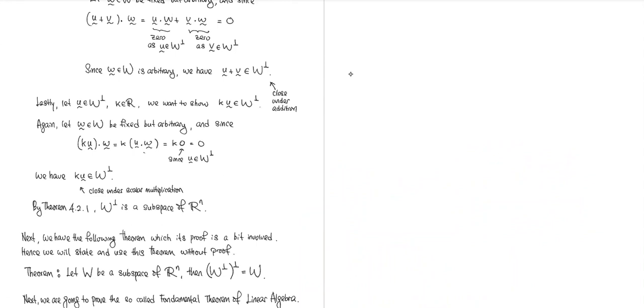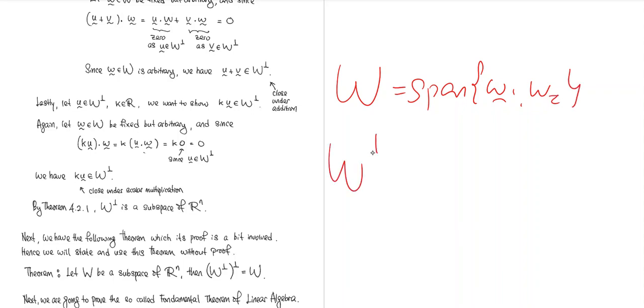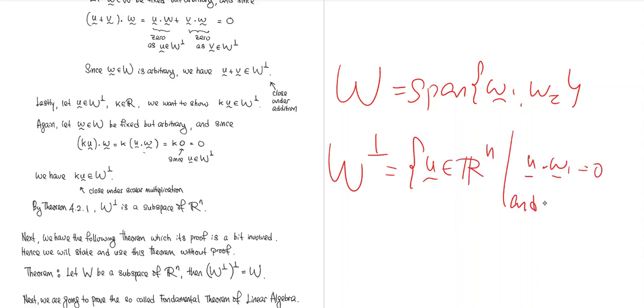So remember, if you have a vector space that is spanned by some vectors, let's say W1 and W2, then W perp will actually consist of all the vectors U such that U dot W1 equals 0 and U dot W2 equals 0.